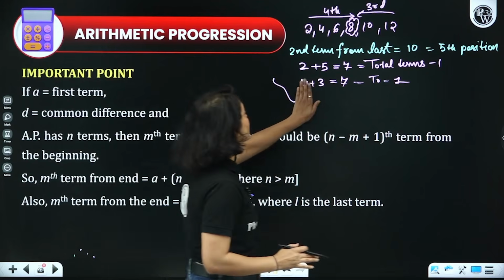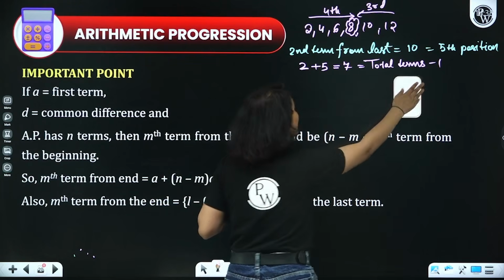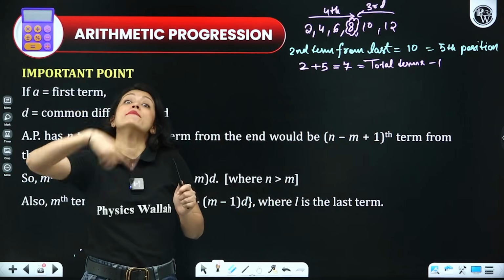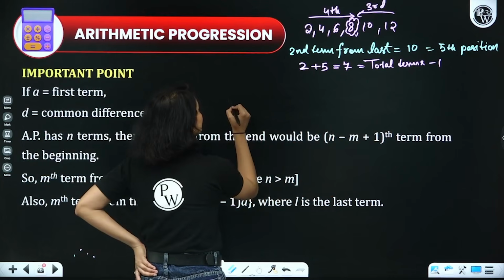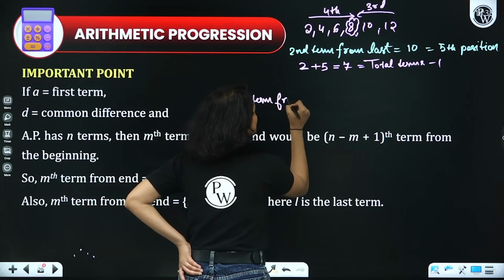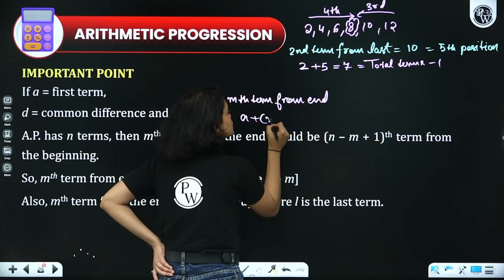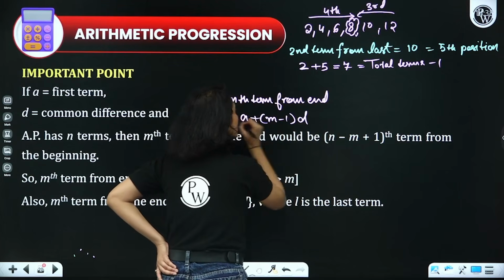So why is this important? Because there are questions where you have to figure out the nth term or mth term from the end. If you have to figure out the mth term from the end, you cannot simply use the formula a plus (m minus 1)d. Why is this formula wrong?